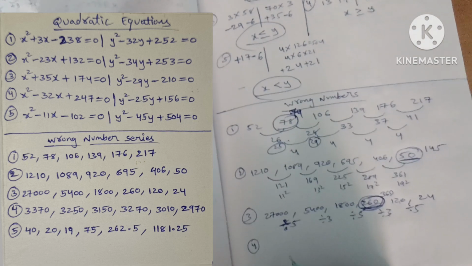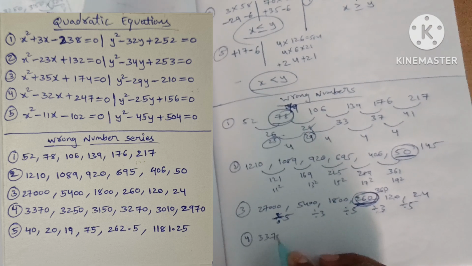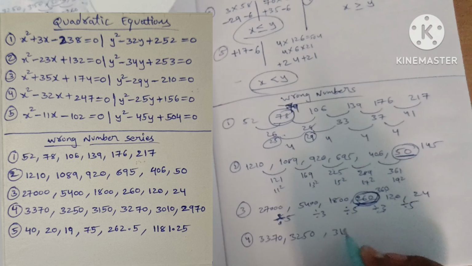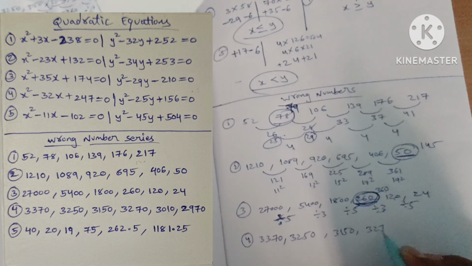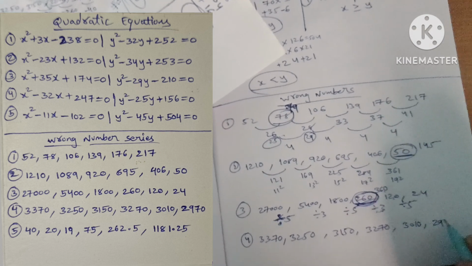Fourth question: 3370, 3250, 3150, 3270, 3010, 2970.